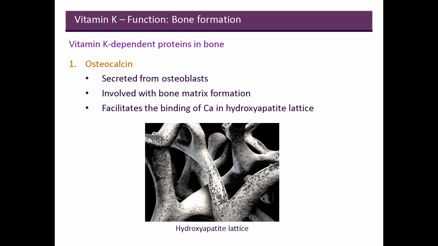We are going to see osteoclasts, which help in bone breakdown, but osteoblasts help in bone formation, the creation of bone. It is involved with the bone matrix formation. It facilitates the binding of calcium in the hydroxyapatite lattice.